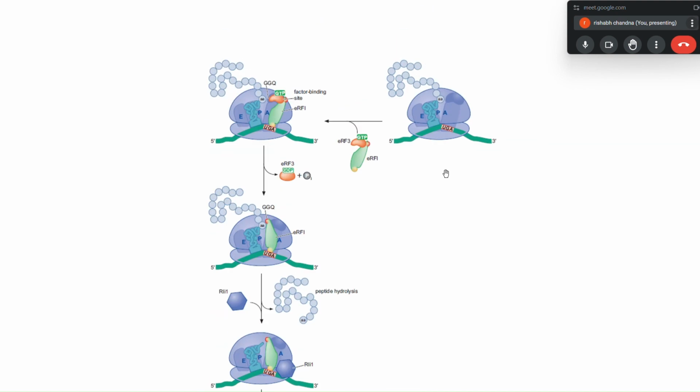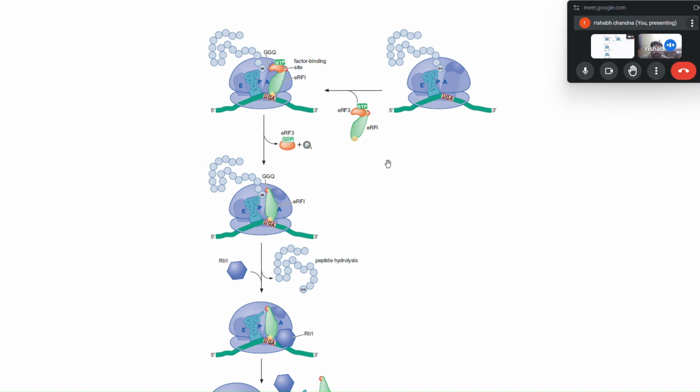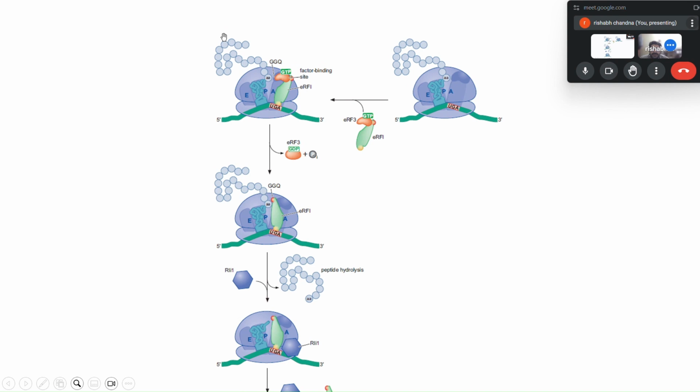So what happens in termination? Now in termination we have certain proteins.